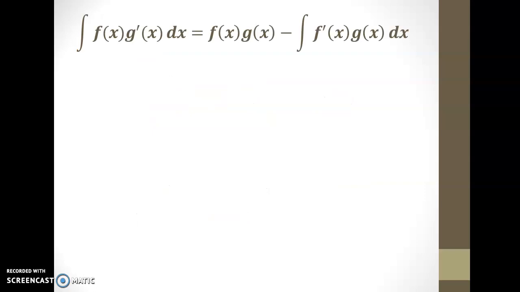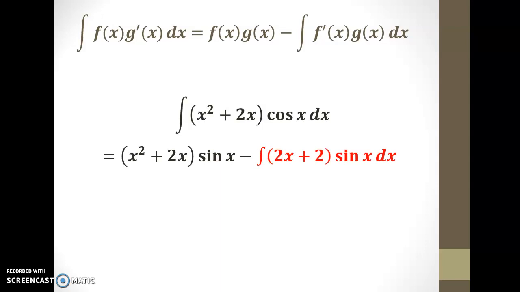So, placing all of these functions in the appropriate spots, our integration by parts formula will convert our initial problem into this new combination of terms, fg minus the integral of f prime g. I've highlighted in red the fact that our new integral is still formed of a polynomial with a trig function.